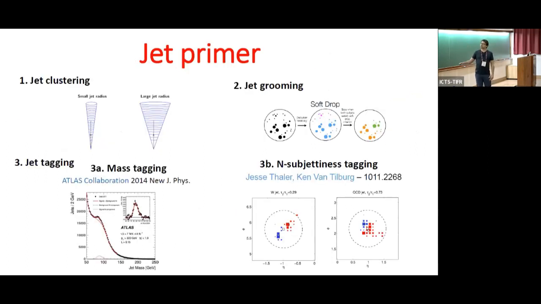Okay, so you apply some kind of cut, let's say between 60 and 100 GeV on this jet mass, and you see a distribution here. This has a lot of QCD background, but you see a little excess here, and that excess is from fat jets which are initiated by a W boson. Okay, so in principle, this is one thing that you can do for jet tagging, but this is still not good enough. You can still remove a lot more QCD background by applying something called n-subjettiness tagging.